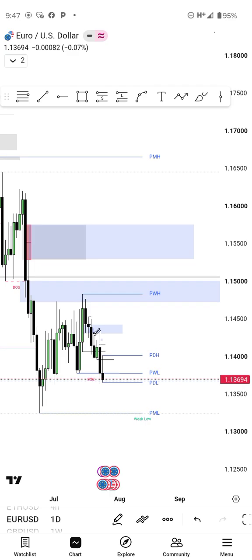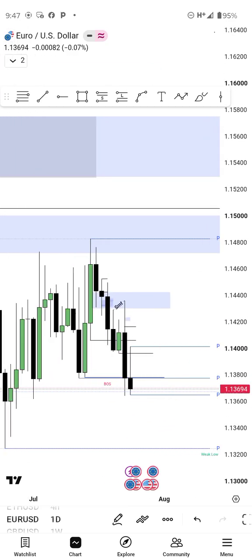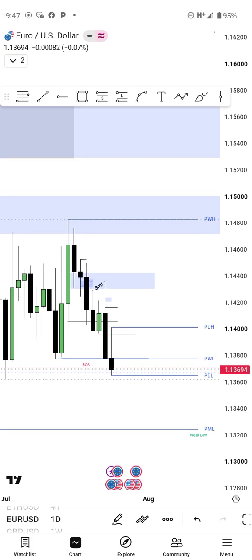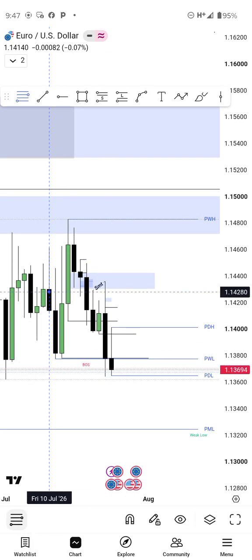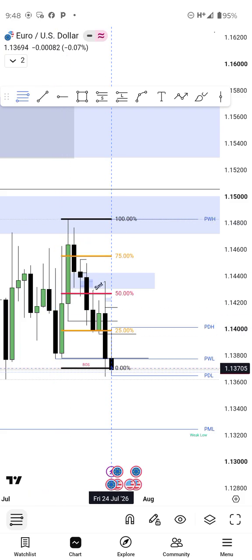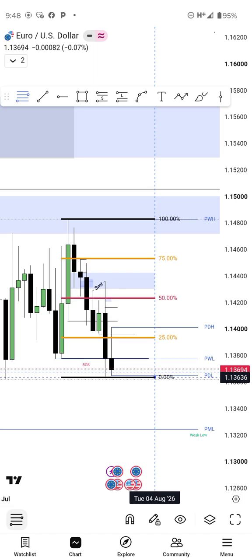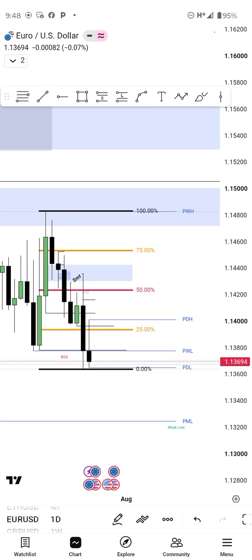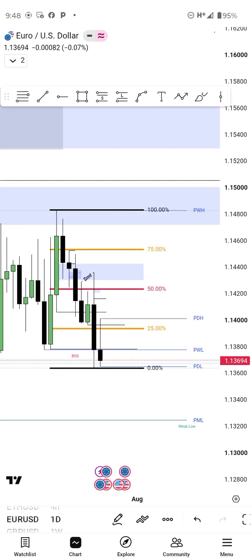And this means a change in state of delivery of price. So if we measure from the upper to the lower side of the market, you can see the 50% is lying here.